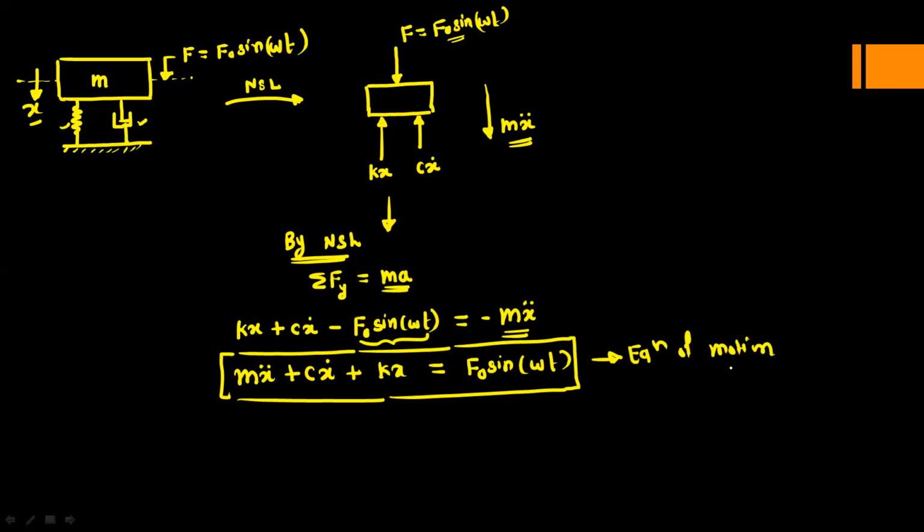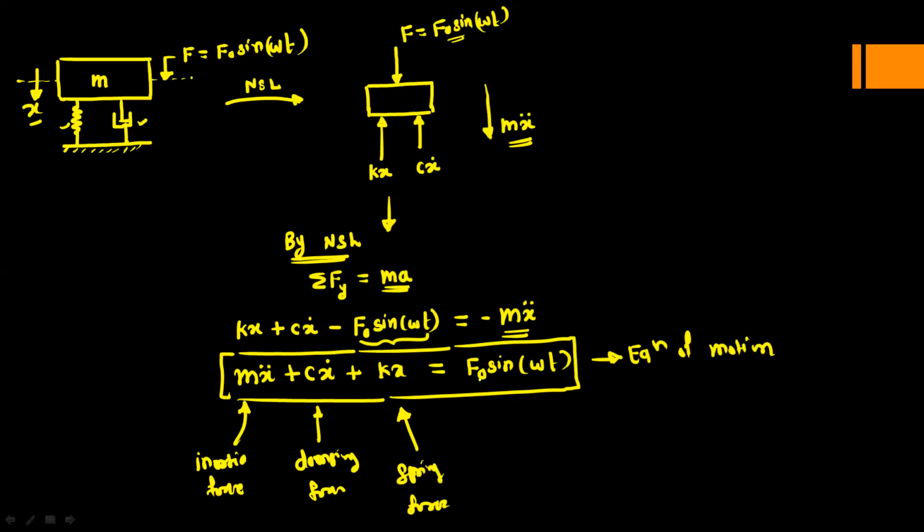So the meaning of equation of motion is, it will show all the forces which will cause the vibration of the mass. So the first term is the inertia force. This second term is the damping force. This third term, which is kx, is the spring force.